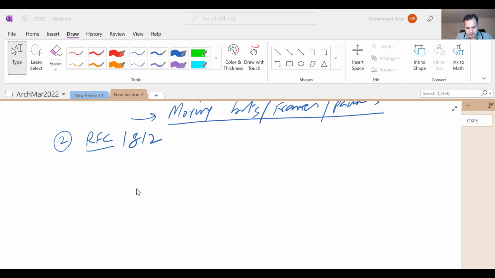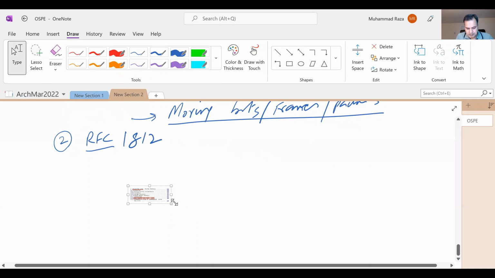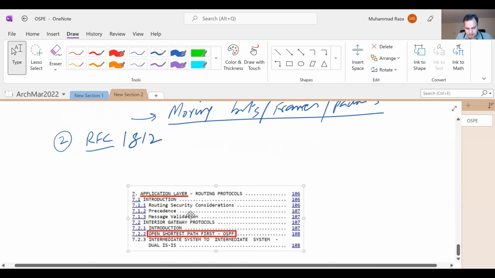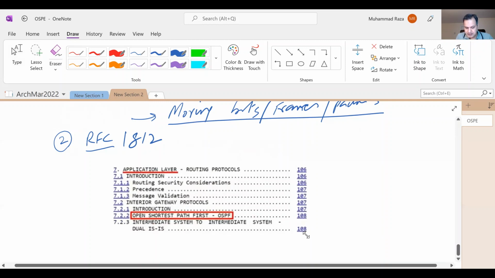In this RFC, this is the index. You see it is talking about application layer things, and you see where the protocols are.